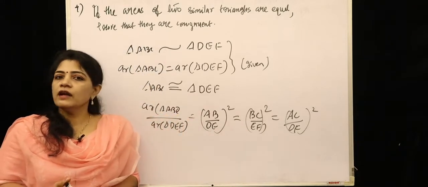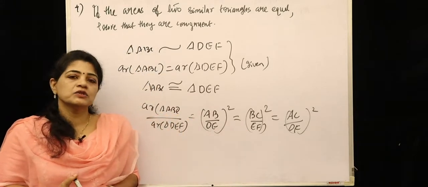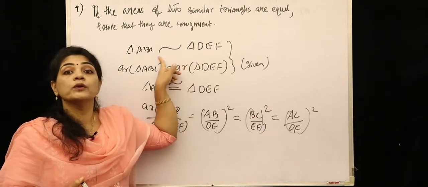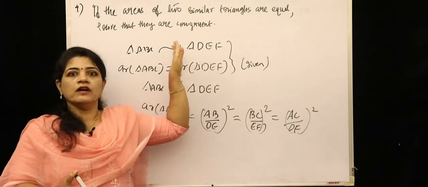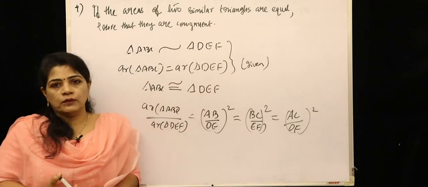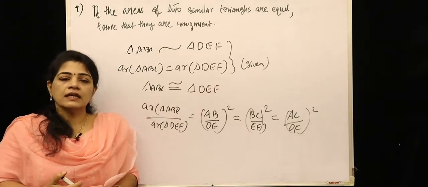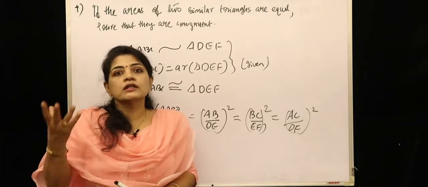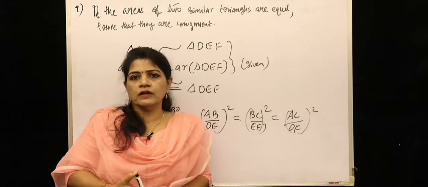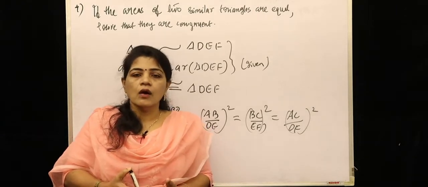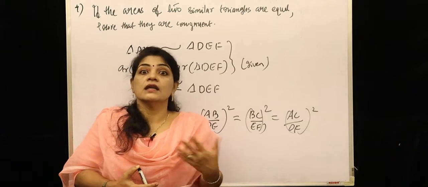And what we have to show? We have to prove that these two triangles are congruent, from similarity. Children, how can we show when two triangles are said to be congruent? If all angles are equal and all sides are equal.